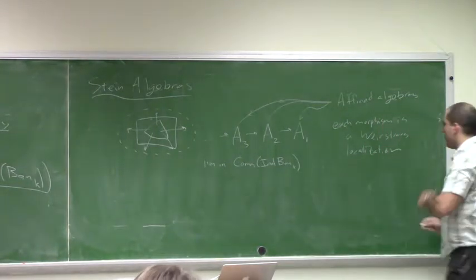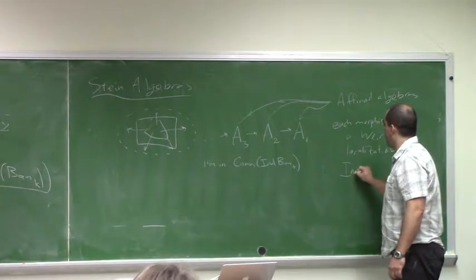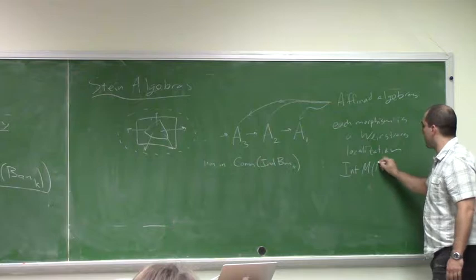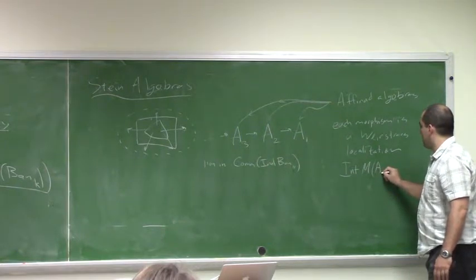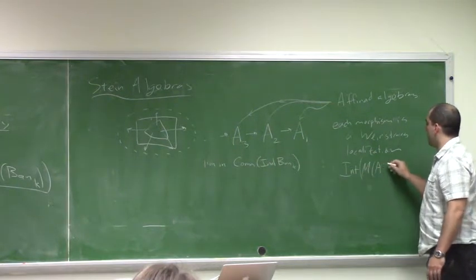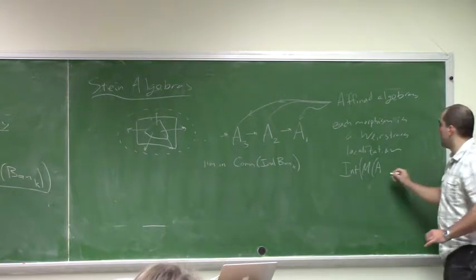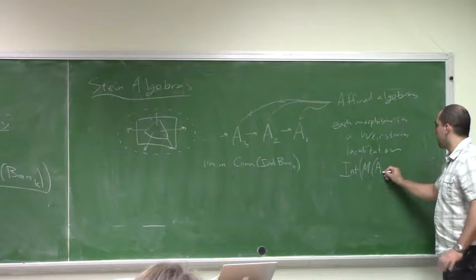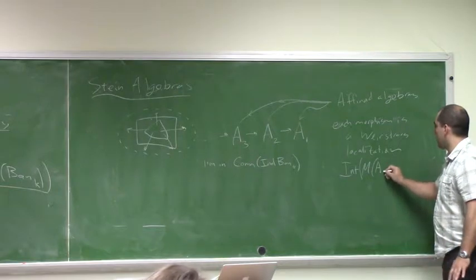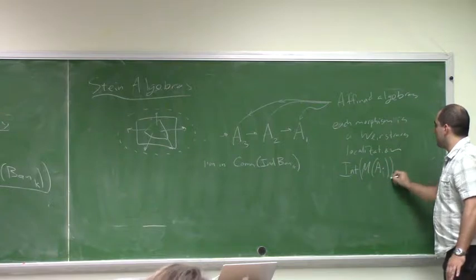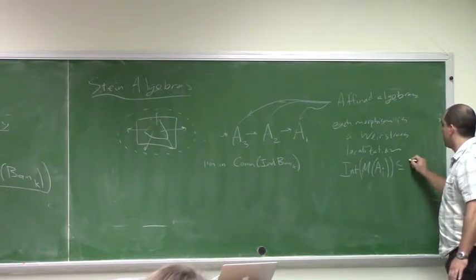And finally, I want that the interior of the spectrum, which I'm not introducing now, but there's some topology on the semi-valuations introduced by Berkovich, this is kind of a technical condition, that M of A_i is inside M of A_{i+1}.